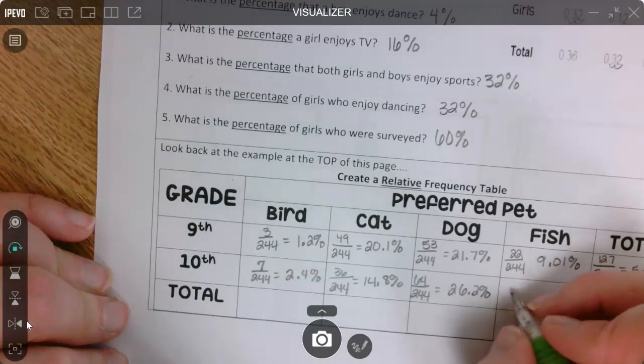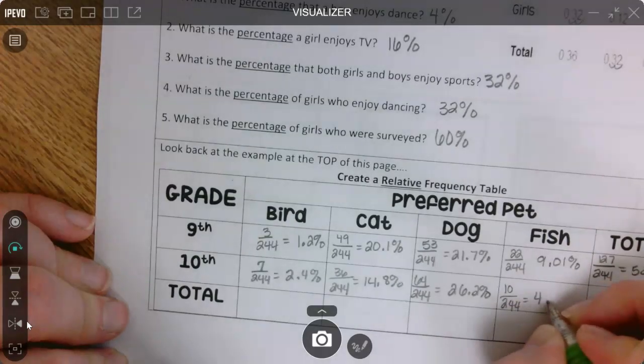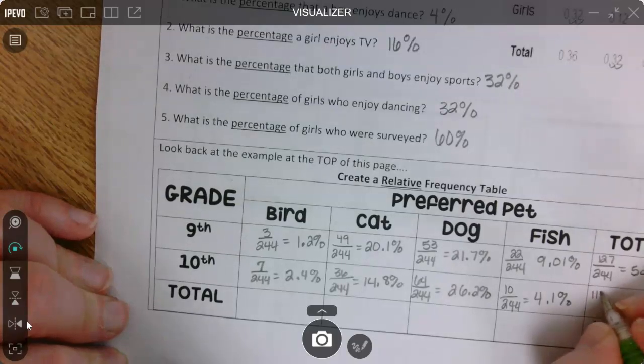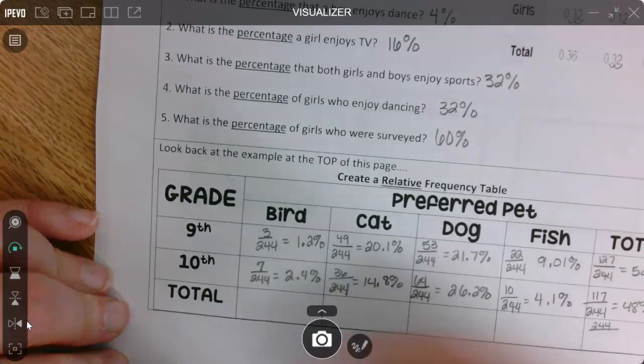We have 10th graders who liked fish. That was 10 out of 244. That's 4.1%. Then we had 117 out of 244 to give us 48%.